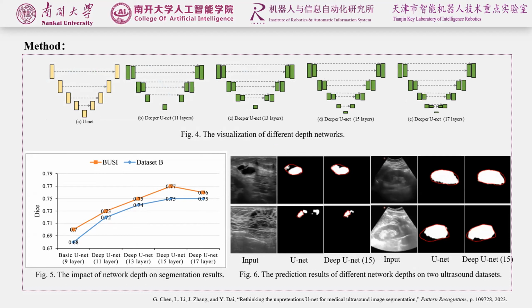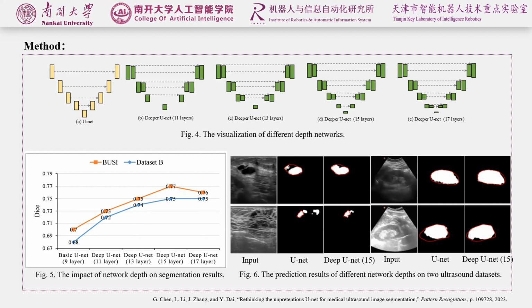Figure 4 illustrates the network with different depths. Figure 5 demonstrates the segmentation results on 2 public breast ultrasound datasets. It can be seen from Figure 5 that appropriately increasing the network depth can significantly improve the segmentation accuracy of medical ultrasound compared to the original UNet.